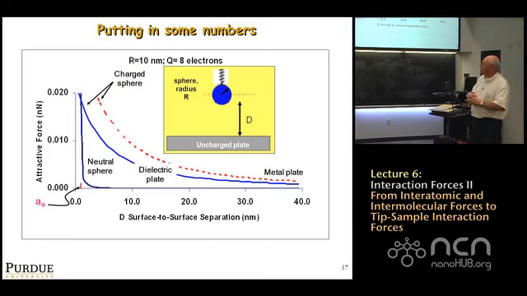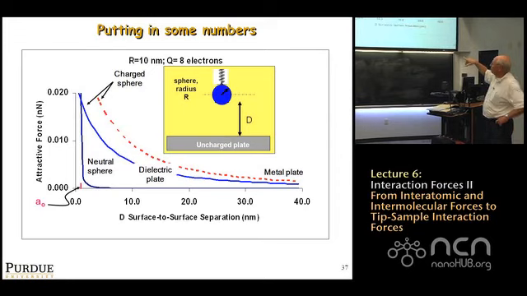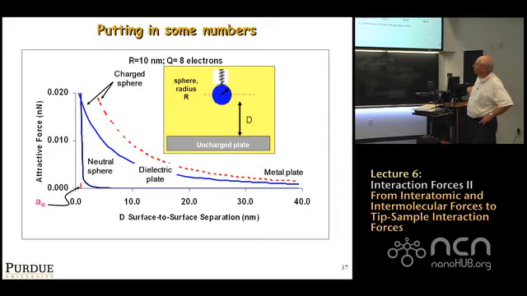But if you take into account the van der Waals forces, now you pretend that there's no charge on the sphere. You make the charge on the sphere electrically neutral, right? And then you ask how this van der Waals force varies as a function of the surface-to-surface separation. You end up with this black line on the far left of this view graph, right?